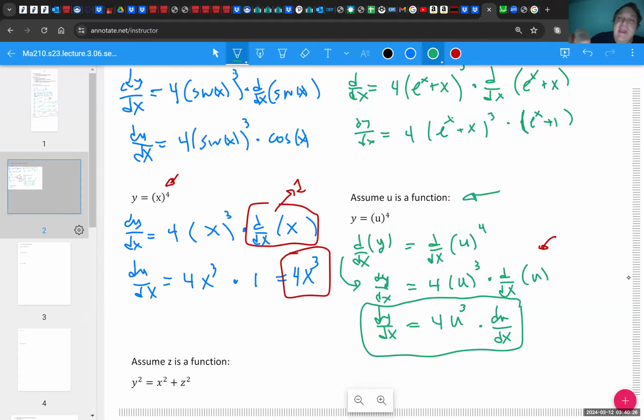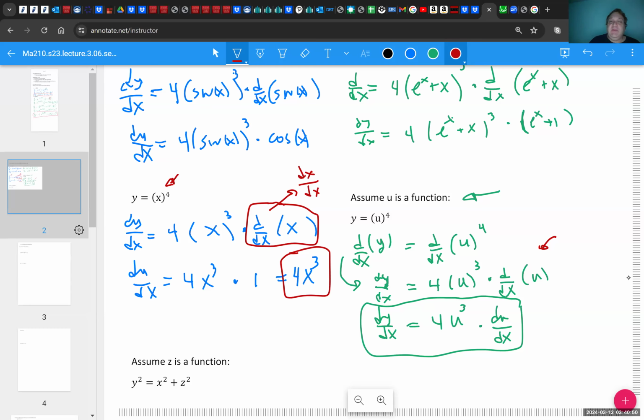And just by the way, as an aside, going back to this x to the fourth problem, that was a very strange, simple problem. When I differentiate y, I get dy dx. When I differentiate u, I get du dx. Really, when you're differentiating x, what you get is dx dx, right? dy dx, du dx, dx dx. And what is dx over dx?